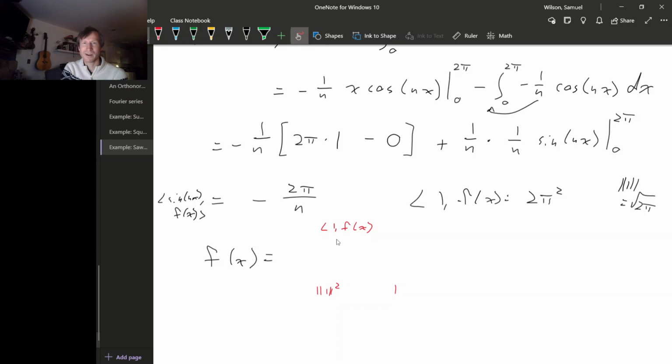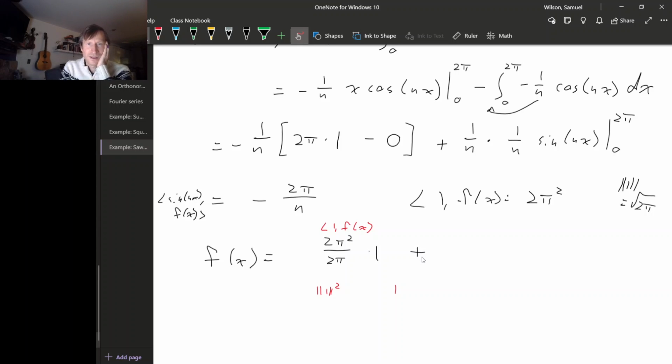So the inner product with 1 was 2 pi squared. The norm of 1 is the square root of 2 pi, so that squared is 2 pi, and then times 1.